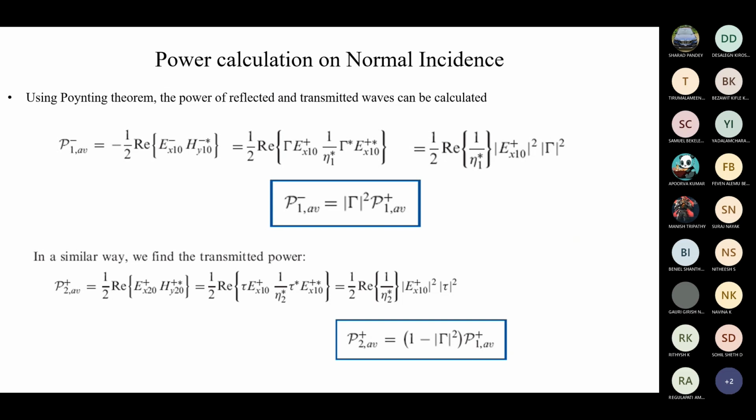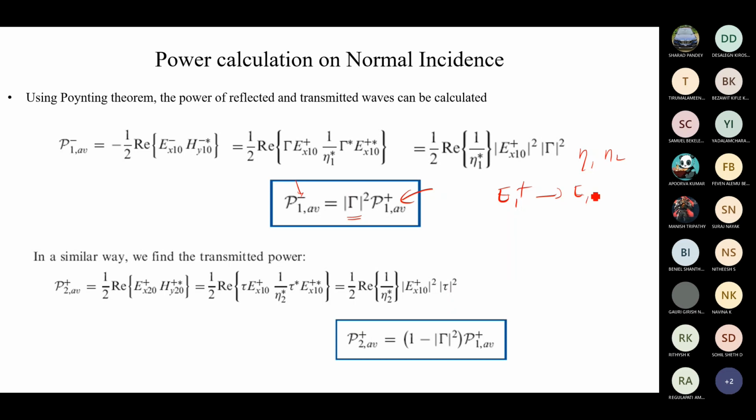And for these components, we can even calculate the power. With respect to the incident component power, the reflected component power has the ratio of gamma square, which is nothing but the reflection coefficient squared. So if you know E1 plus, by having the values of eta 1 and eta 2, you can calculate E1 minus.